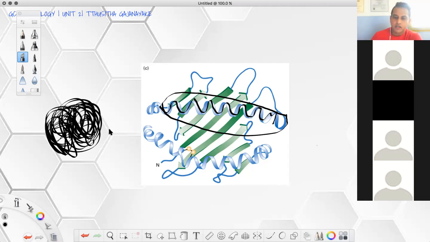This helix represents the secondary structure of proteins, and these quite huge foldings represent the tertiary structure of proteins. So when a protein exists in these shapes, we give them a name. This is secondary structure, this is tertiary structure.